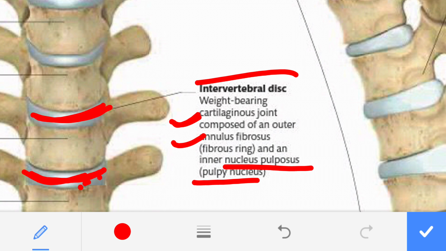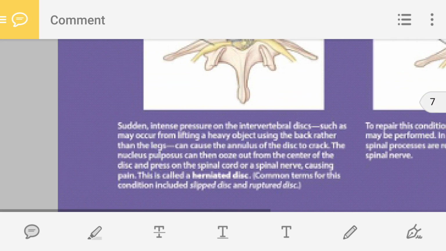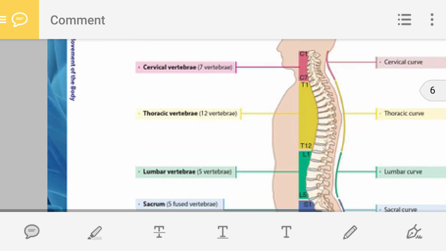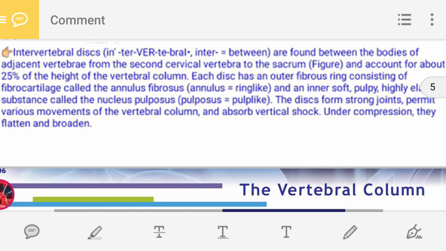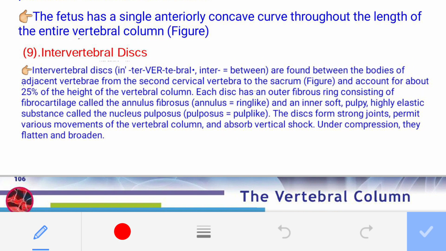That part is known as the nucleus pulposus. In other figures I will try to explain this. Now the intervertebral discs are responsible for 20% of the height of the vertebral column.